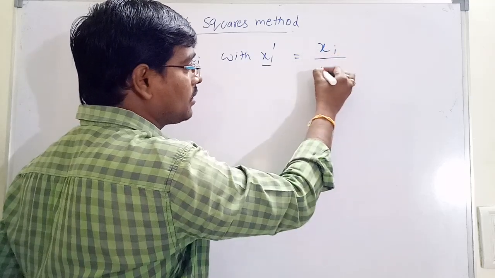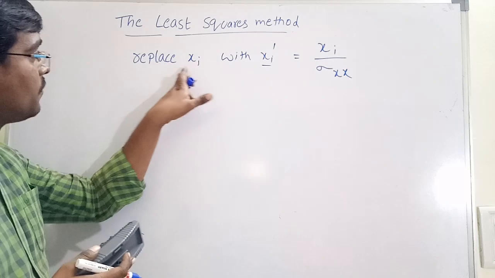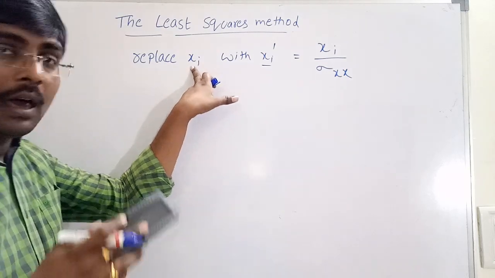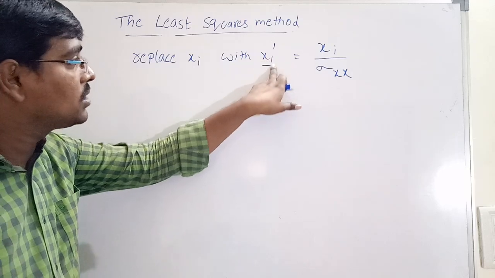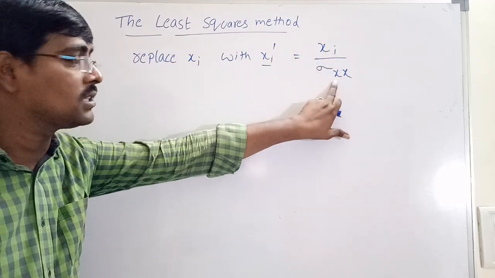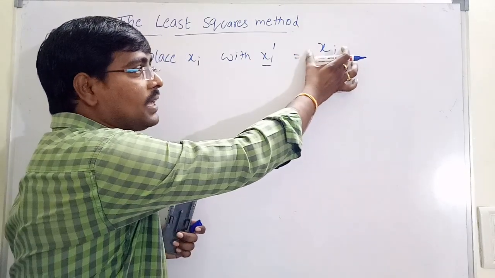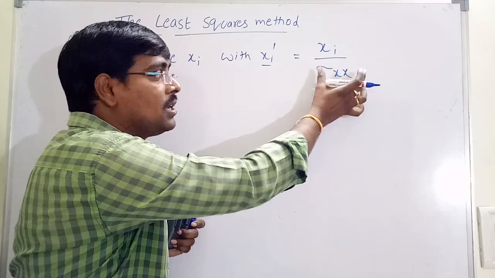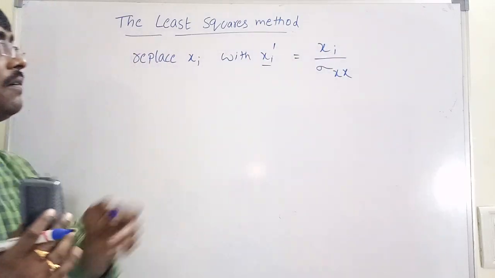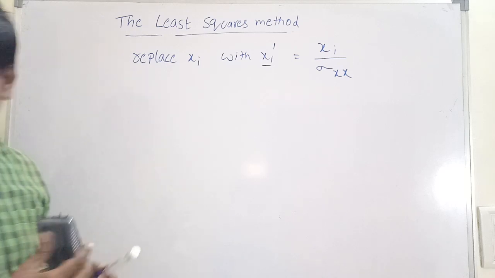Xi dash is xi by sigma xx. If you replace all xi values in the equation with xi dash, the equation of xi dash is xi by sigma xx. So what I am doing here is that all xi values are divided by the variance. All the values of xi are divided by its variance.